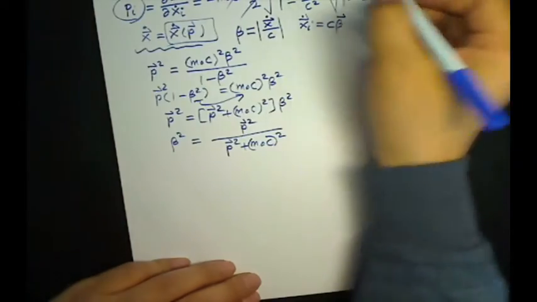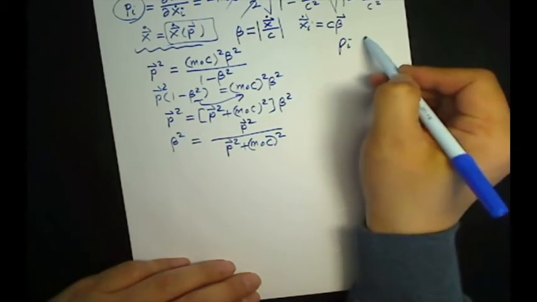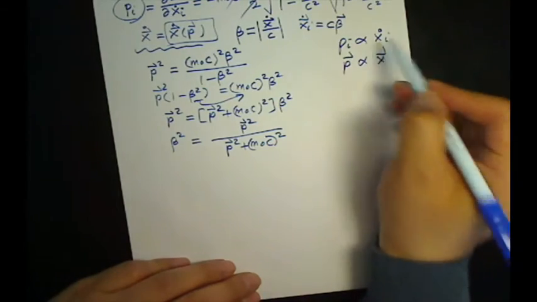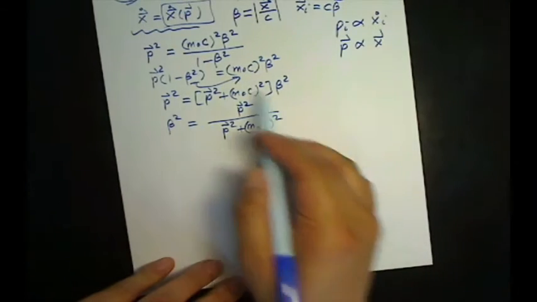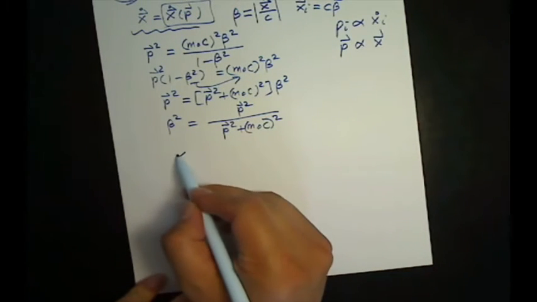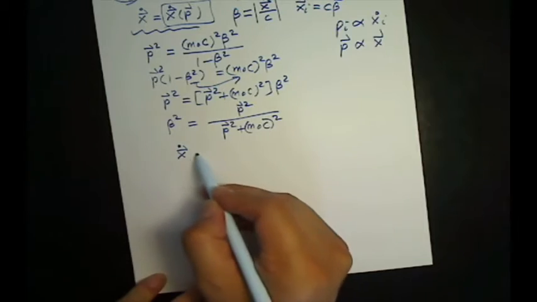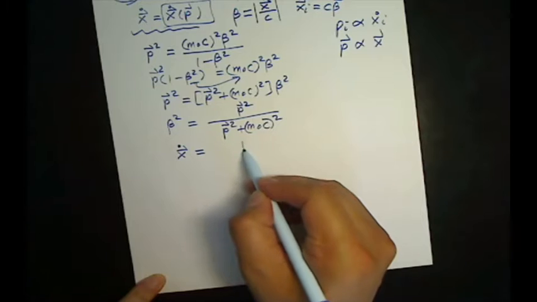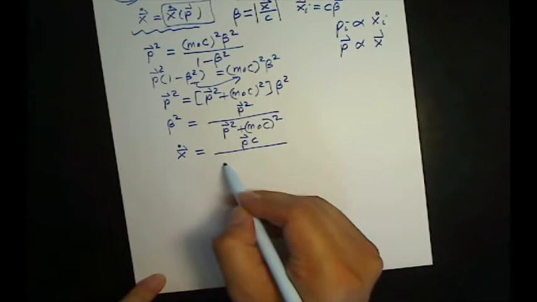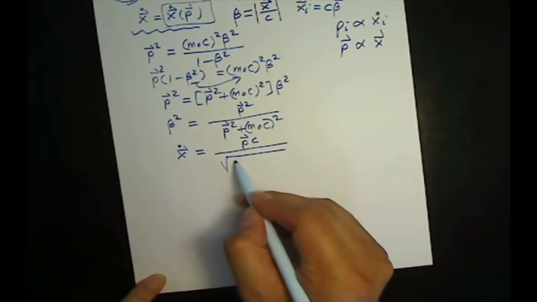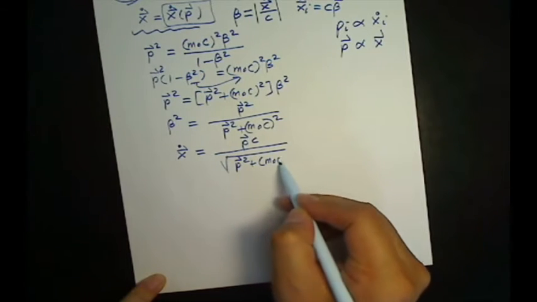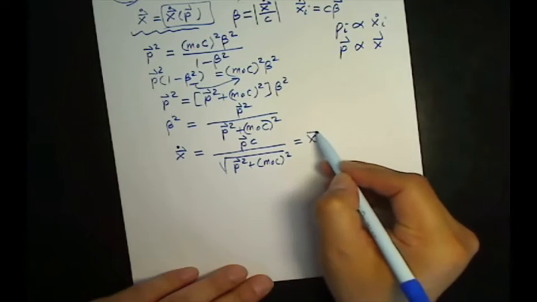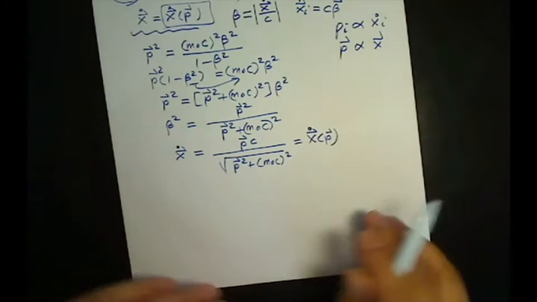We know that pi is proportional to xi dot, so p is proportional to x dot. Taking the square root, we find that x dot equals pc over the square root of p squared plus m0c squared, and this is the value for x dot in terms of p.